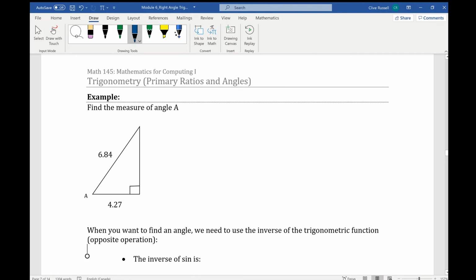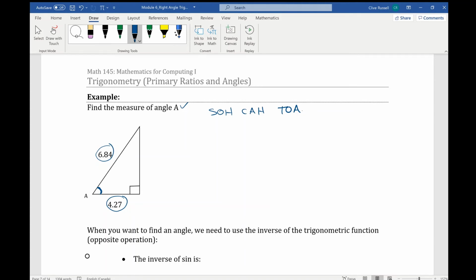All right. So in this example now, as we said, you're given two sides, and it says find angle A. That's our reference angle. So again, we're going to be using SOHCAHTOA.